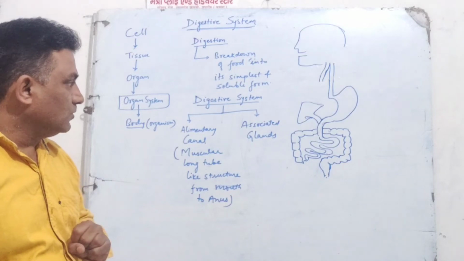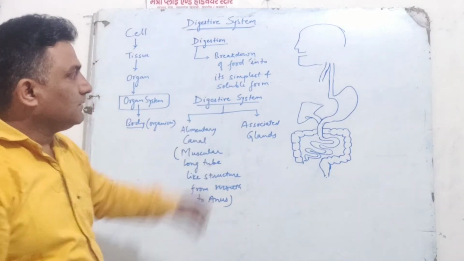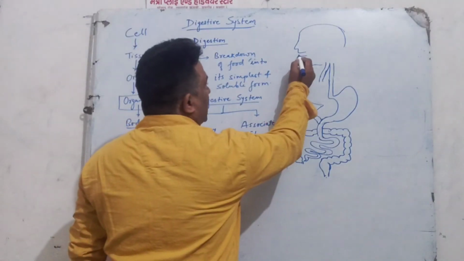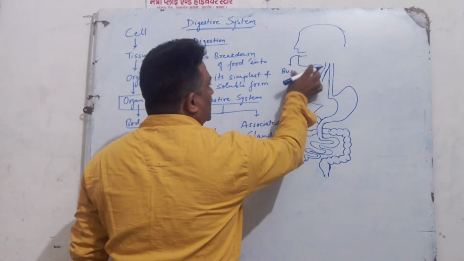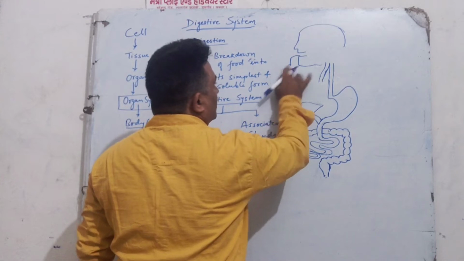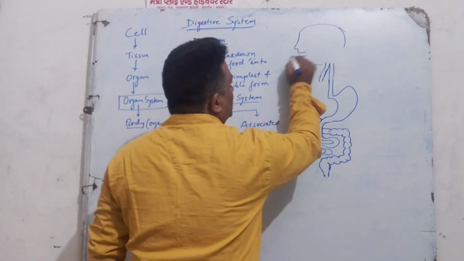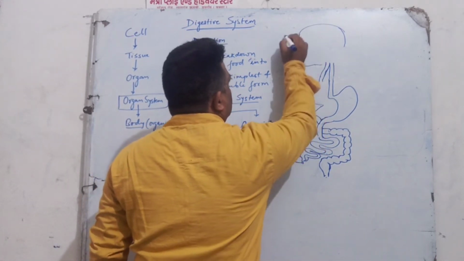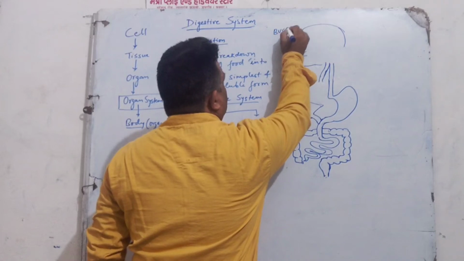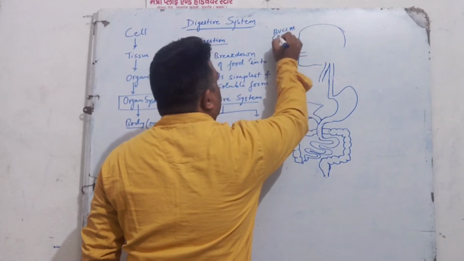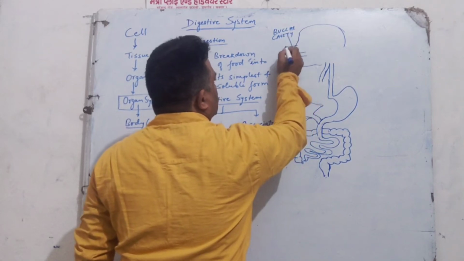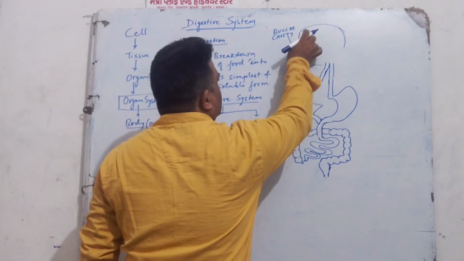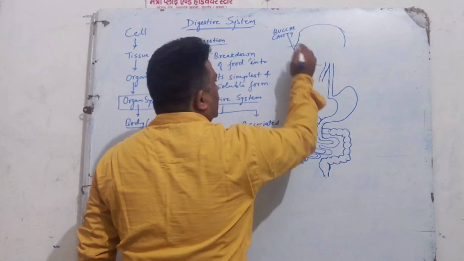Okay. So let me label the parts for you all. This is actually the buccal cavity. You know it very well. This is the nasal passage, your nose, you can say.